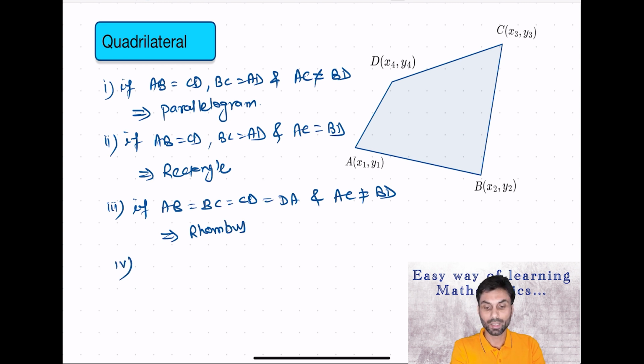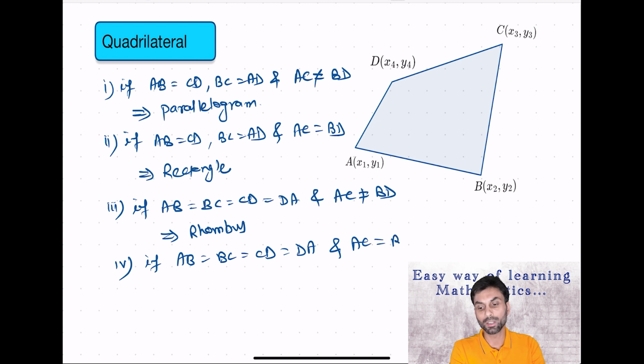And next, if we have all sides equal as well as diagonals also equal, we can say it is a square. And this is how we are going to prove what type of quadrilateral it is.